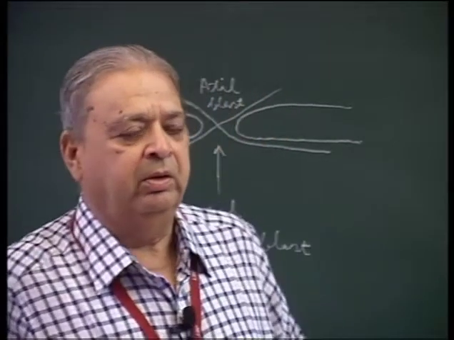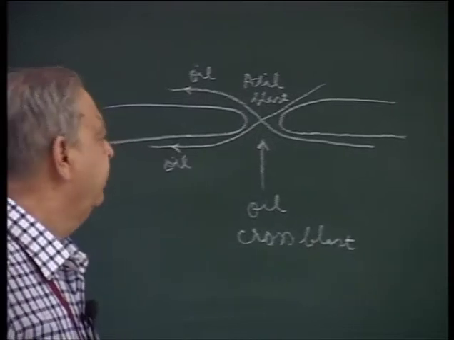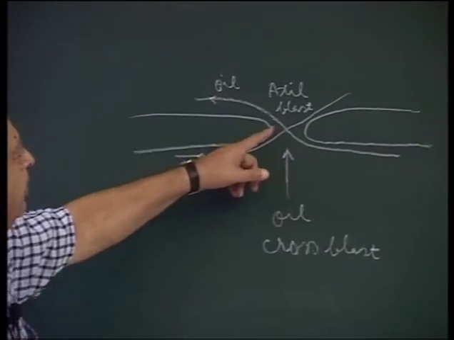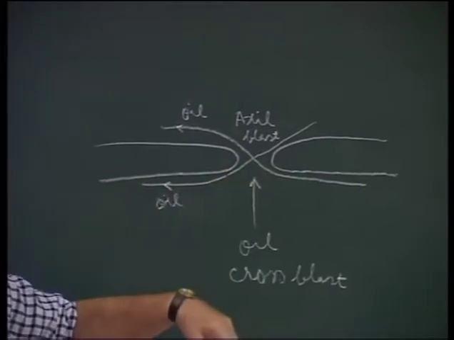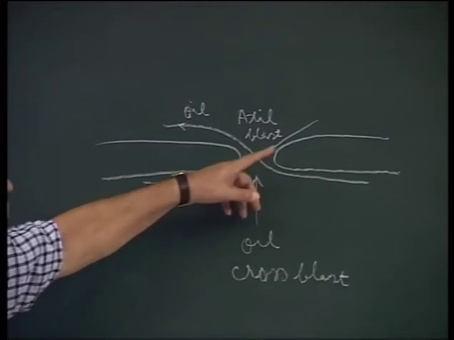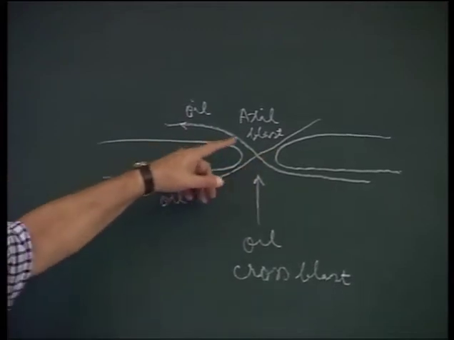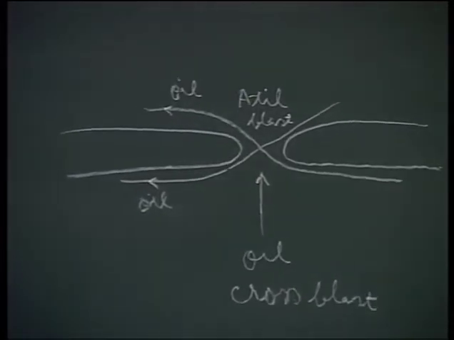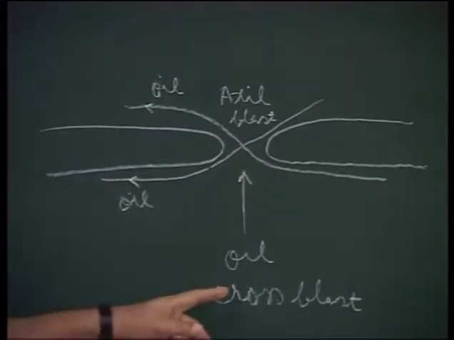Now we understand that in the cross blast, the arc may be blown out very quickly. And in the axial blast, the force on the arc to blow it out is not as strong as in the oil blast.